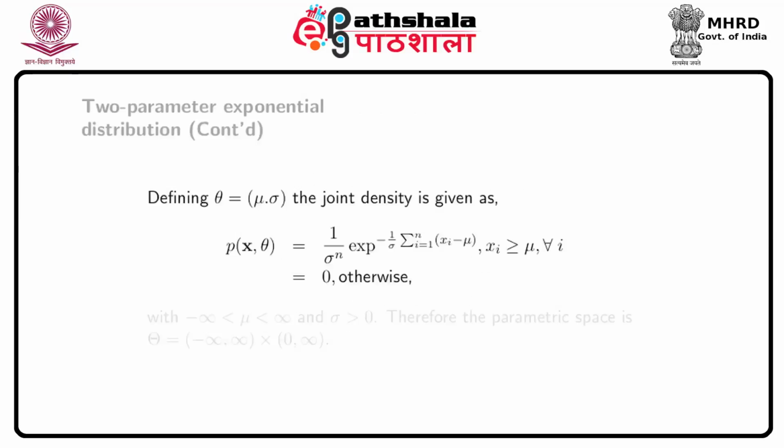Defining theta as a vector containing mu and sigma, the joint density is given by p(x, theta) = (1/sigma to the power n) e to the power minus (1/sigma) summation i from 1 to n (xi - mu), with xi greater than or equal to mu for all i and 0 otherwise, where minus infinity less than mu less than infinity and sigma is greater than 0. Therefore, the parametric space is the Cartesian product of R and the positive part of R.